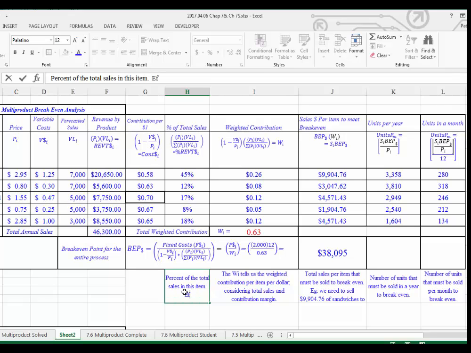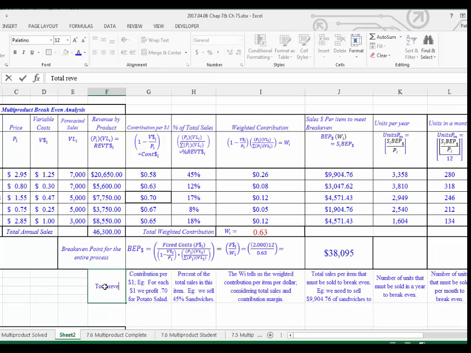So example, we sell 45% sandwiches. And then this one here is our contribution per dollar, like I have here. Example, for each $1 we profit, or you know, extra 70 cents for potato salad.